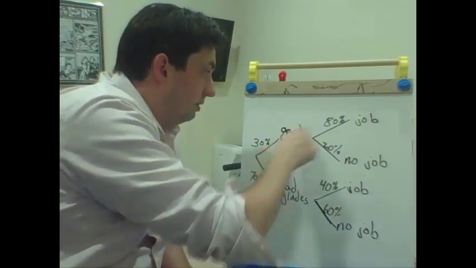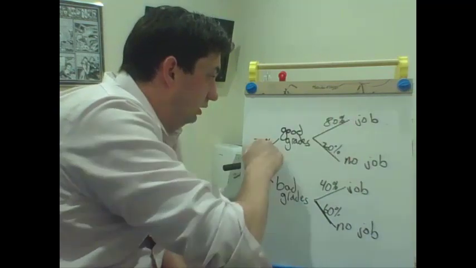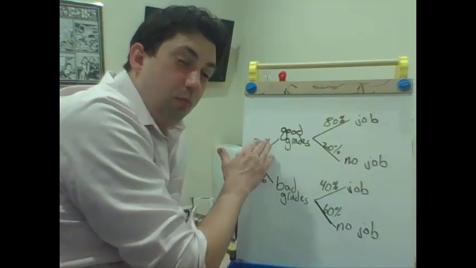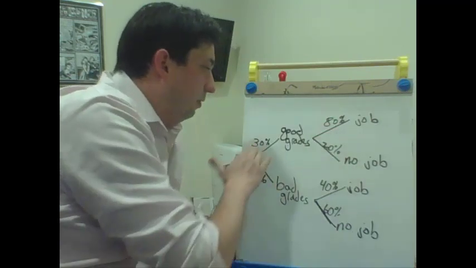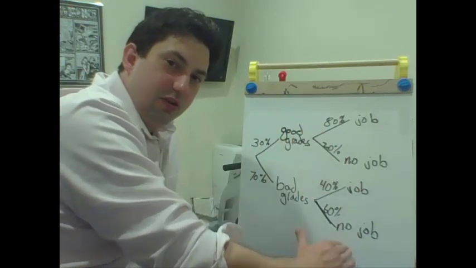Because the only way to get from here to here is to get good grades. So that would be a 0.3 times a 0.8, a 0.3 times a 0.2, a 0.7 times a 0.4, a 0.7 times a 0.6.